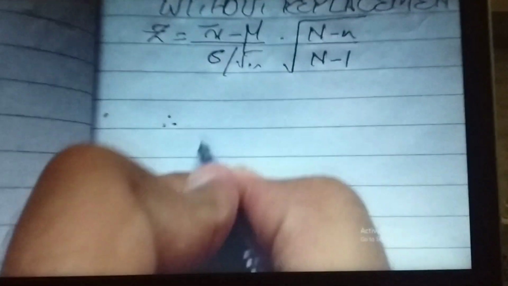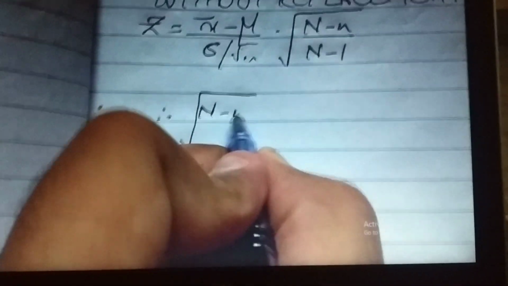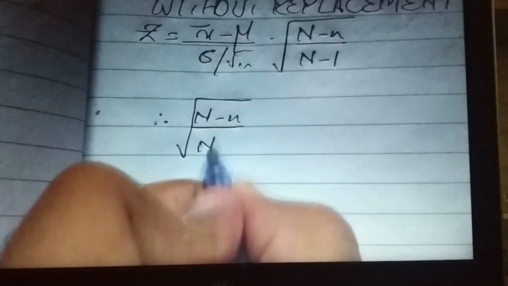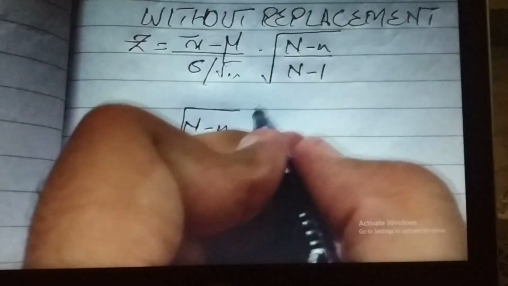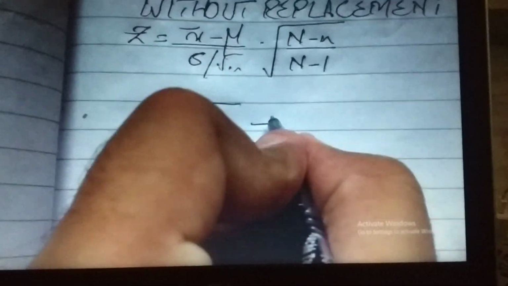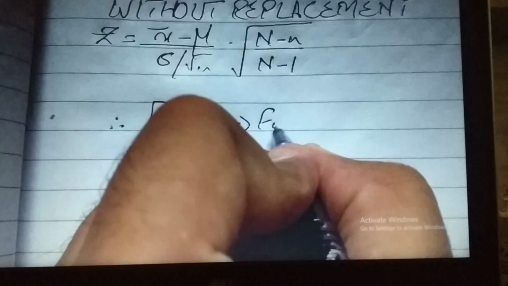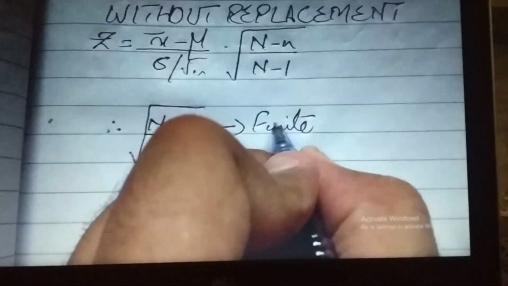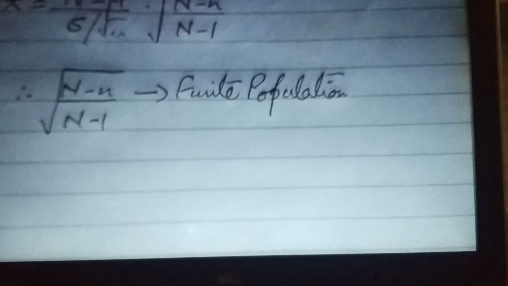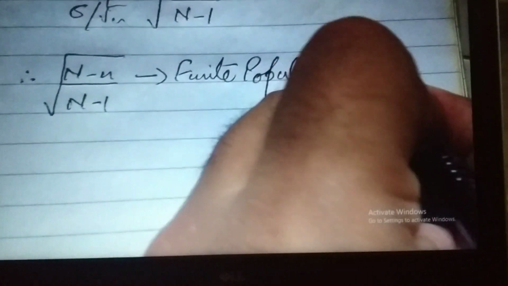This term, under root capital N minus small n upon capital N minus 1, is known as the finite population correction factor.